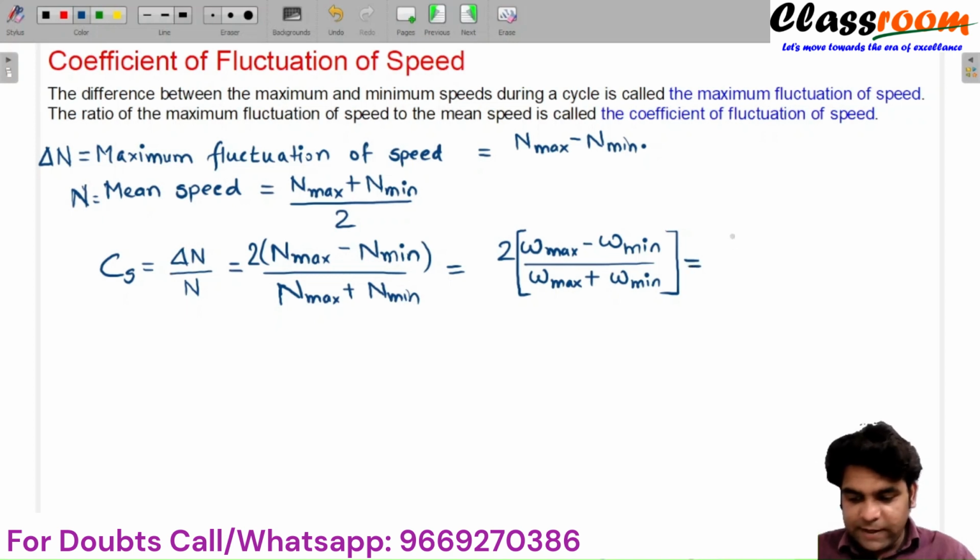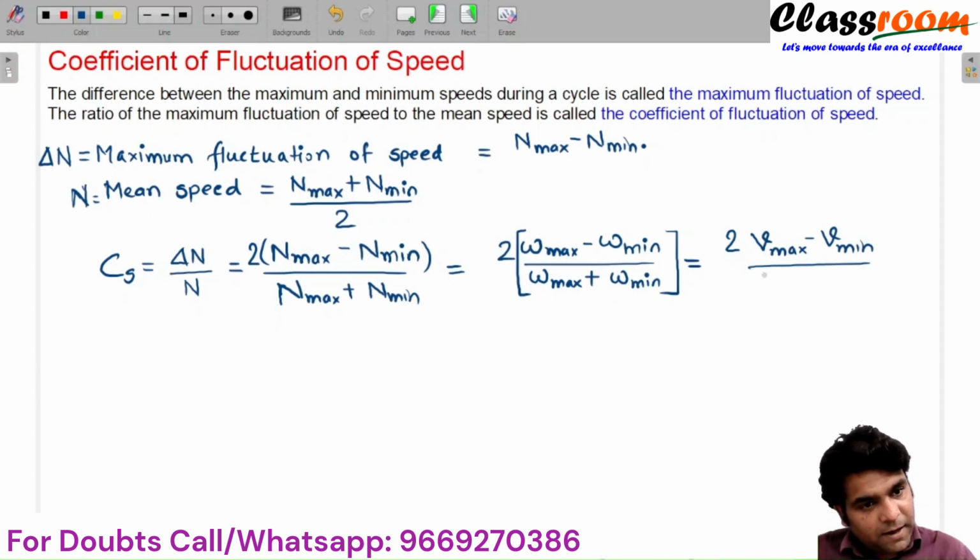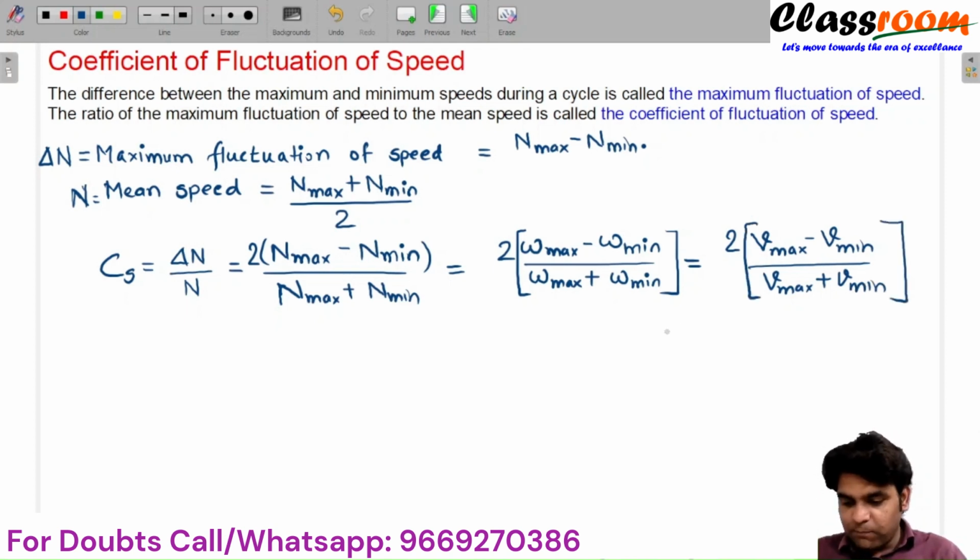Or you can also write it in terms of the tangential velocity, 2 times v max minus v min divided by v max plus v min, where v is the tangential velocity of the rotational component. These are the fluctuations of speed.